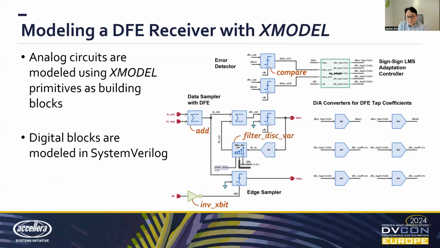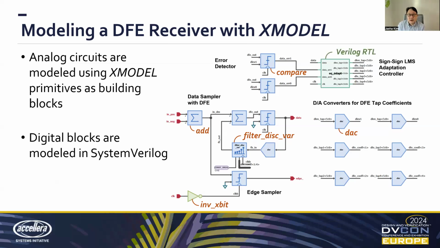Some special primitives are filter_disc_var, which models the discrete time filter with variable coefficients, which is basically our FIR filter in the DFE. You need a set of DACs because our digital adaptation controller will produce a set of digital values that adjust the filter coefficients, and we want to convert those to analog values.